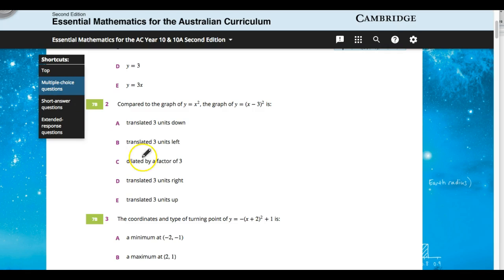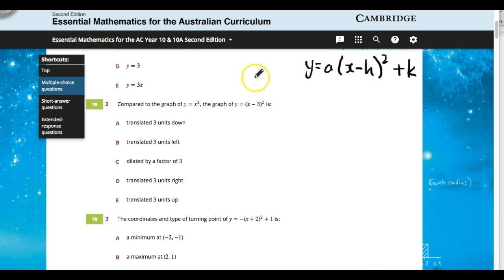Compared to the graph of y equals x squared, the graph of y equals (x minus 3) squared is... So remember, this is kind of how we started this. Your general form, in turning point form, is a times (x minus h) squared plus k. So a tells you the dilation factor, so if you have a parabola, whether it's wider or narrower.